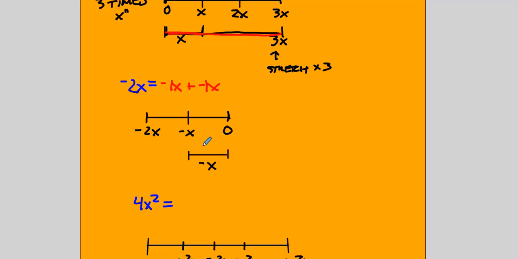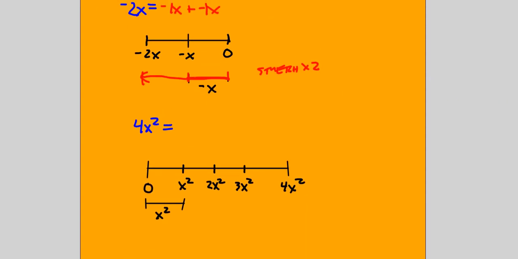Using the stretch idea, this distance from 0 to here, say, is negative x. I'm assuming here x itself is a positive number like 3, so this could be negative 3. Well, I'm doubling negative x to negative 2x, so that is a stretch times 2.